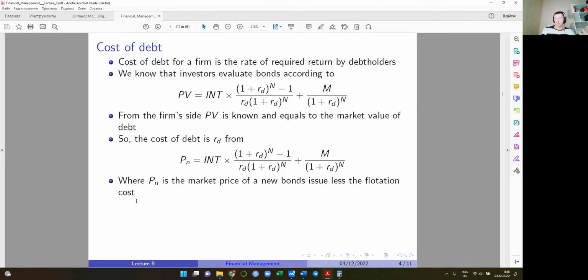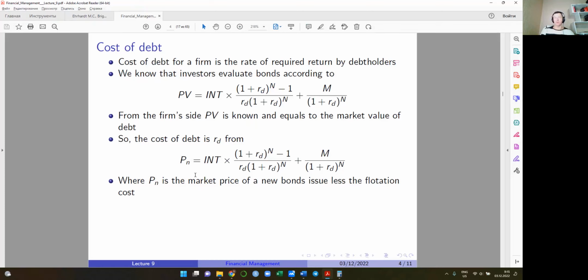I guess it is obvious that any firm that wants to issue new securities, bonds or stocks, needs also to pay something for this. There are some intermediaries, underwriters, stock exchange, bank, whatever. There is a huge documentation connected to the securities issue. So all those costs are considered the flotation costs.